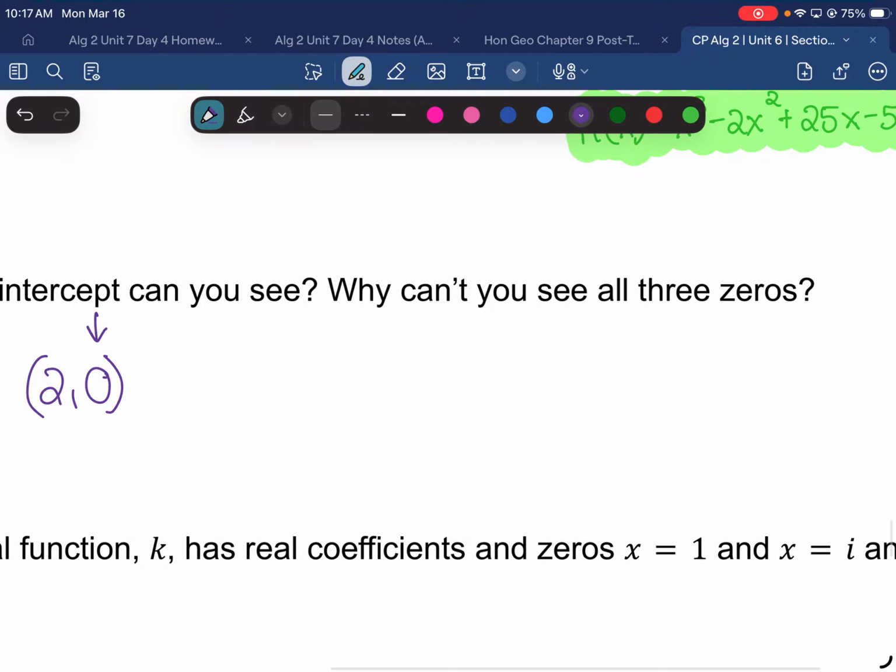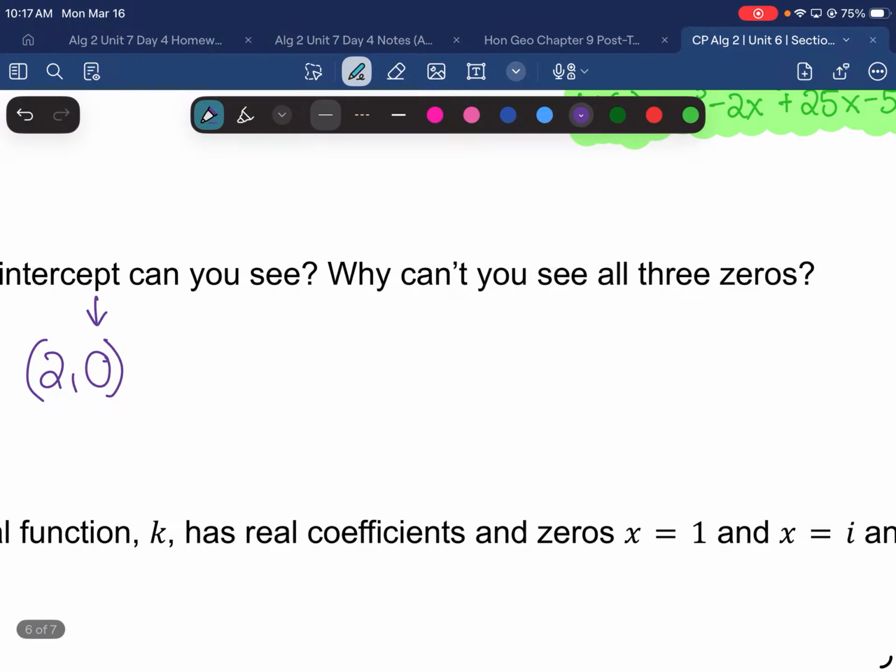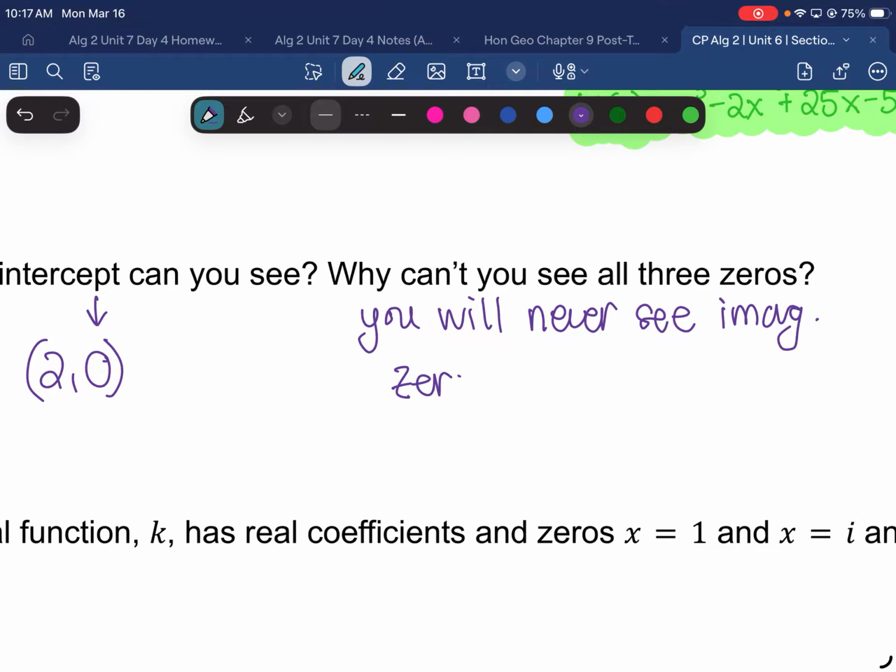So why don't we see all 3 zeros? You will never see imaginary zeros on the graph. In this case, it was the positive 5i and the negative 5i. You're never going to see them.